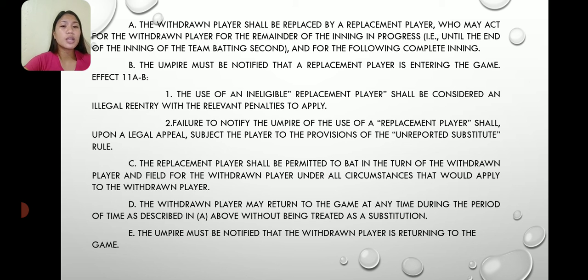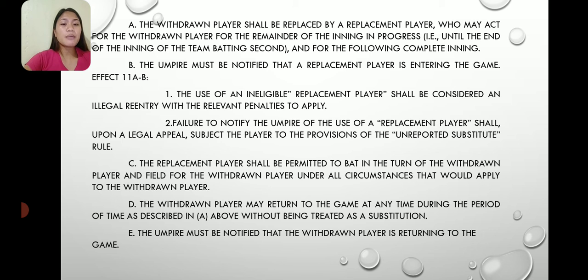The replacement player shall be permitted to bat in the turn of the withdrawn player and field for the withdrawn player under all circumstances that would apply to the withdrawn player. The withdrawn player may return to the game at any time during the period of time described above without being treated as a substitution.